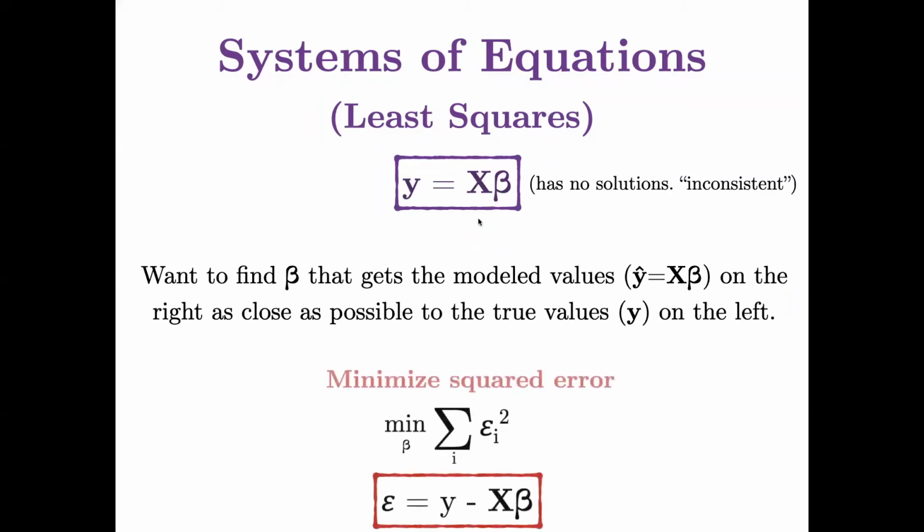And we do this by minimizing squared error. So we minimize the sum of the squared residuals. Of course, again, the residual vector is created by subtracting those predicted values from the actual values.